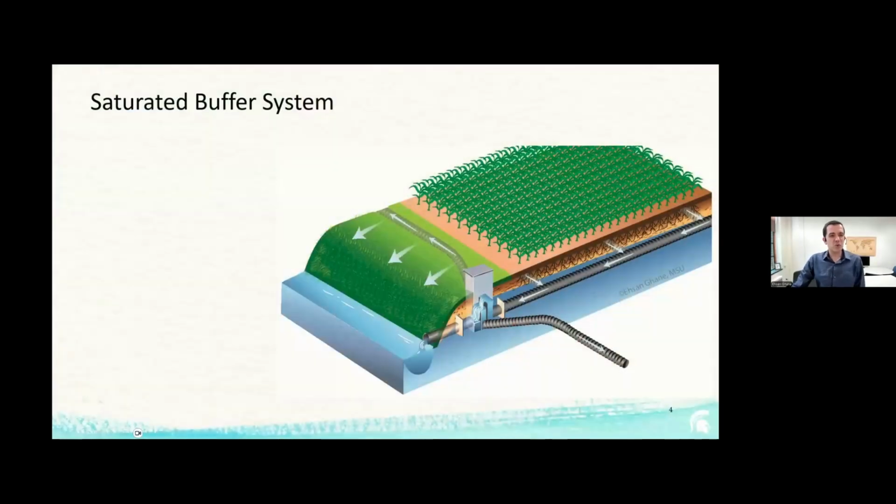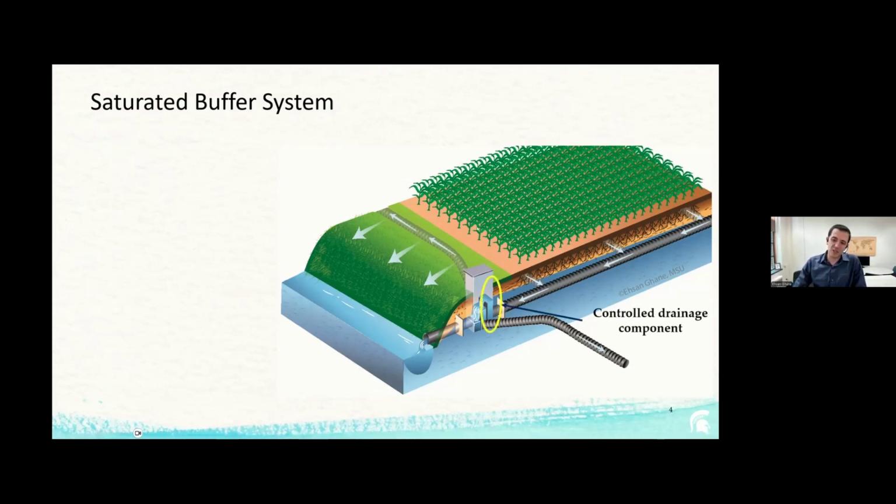So this is a saturated buffer system. I'm going to show you the various components of the system and how each one behaves under real world conditions. A saturated buffer system really is comprised of a controlled drainage component.